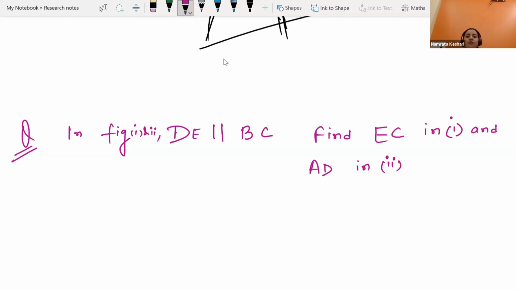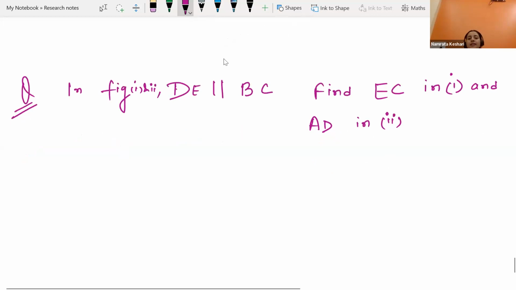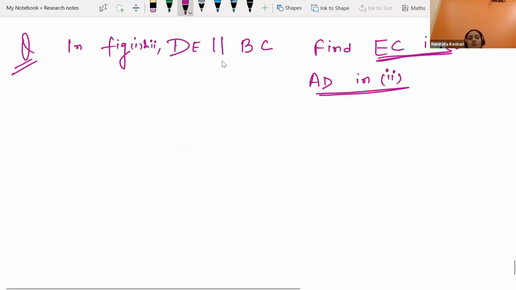There are two figures, 1 and 2, where DE is parallel to BC. For the first one, we have to find EC in one and AD in one.